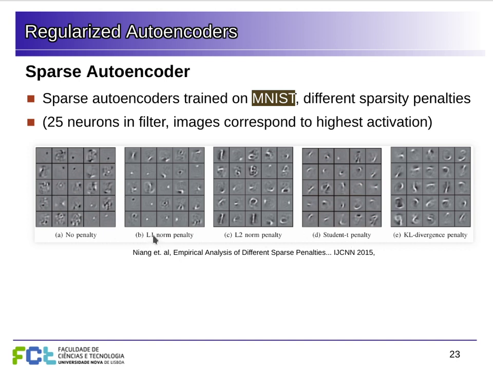But with different penalties, L1, L2, Student-t, this Bernoulli, Kullback-Leibler divergence, and so on, you always see that different neurons are specializing in different parts of the shape of the numbers. So this is something that we can do with the sparse autoencoders, specialize the neurons to identify particular patterns in our data.